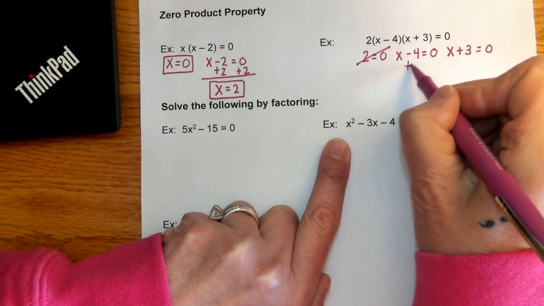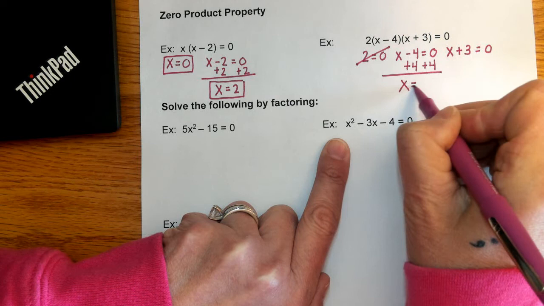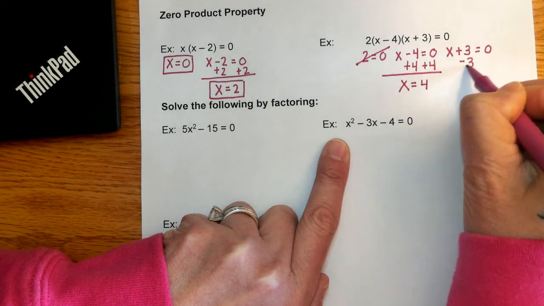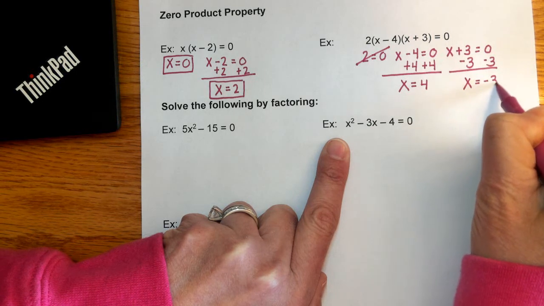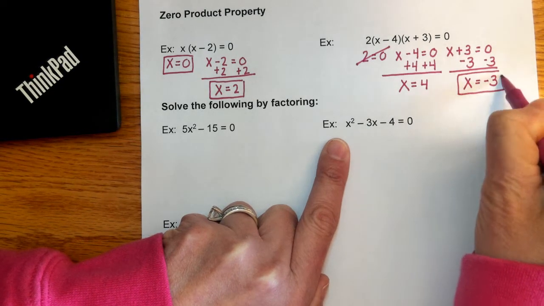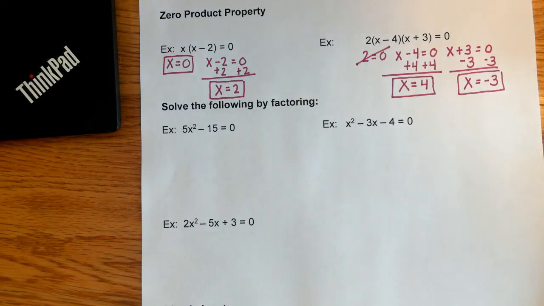I would add 4 here. X equals 4, and I would subtract 3 here. X equals negative 3.